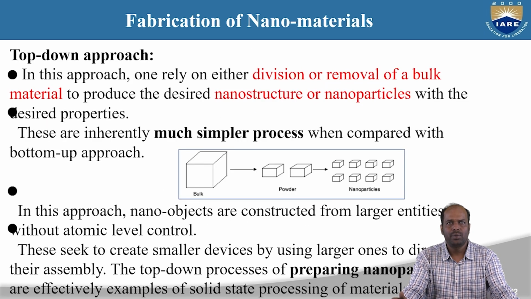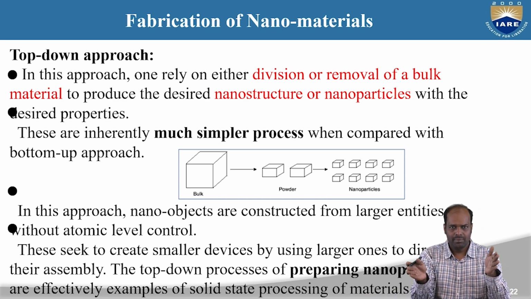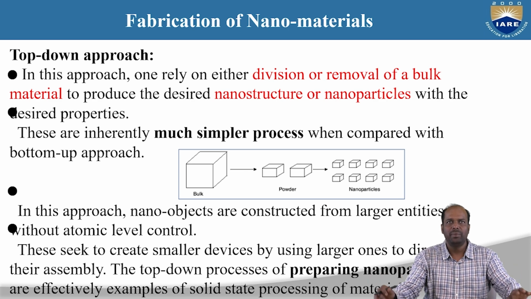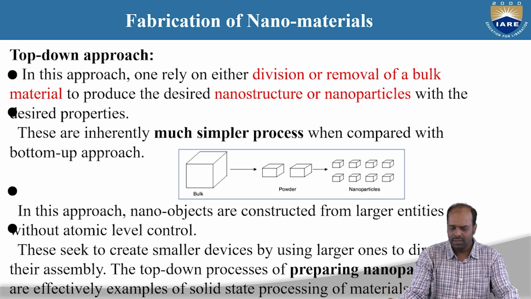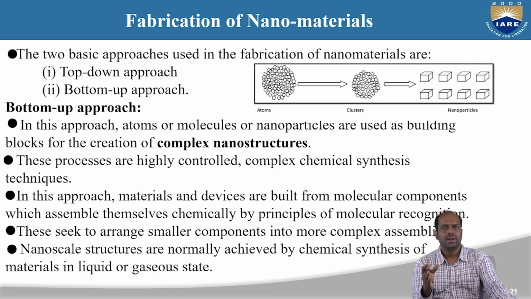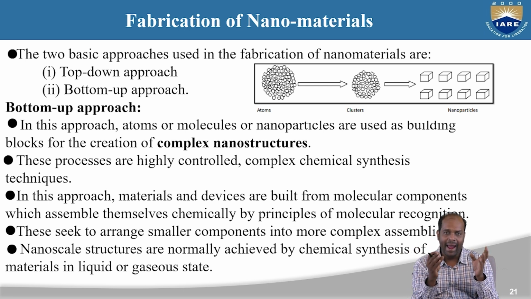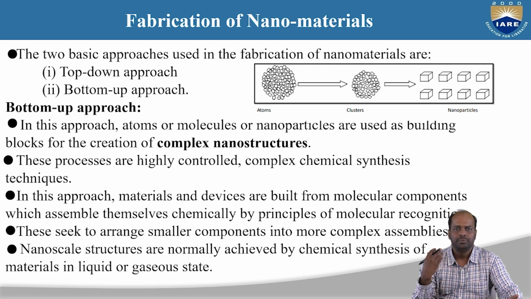Next, the top-down approach. What is meant by a top-down approach? In this approach, one relies on either a division or removal of a bulk material to produce nanostructures. But first, the bottom-up approach is what we are going to see. Here we are taking precursor chemicals in a smaller, atom-like range, either nitrates, acetates, sulfates, chlorides, or oxides.